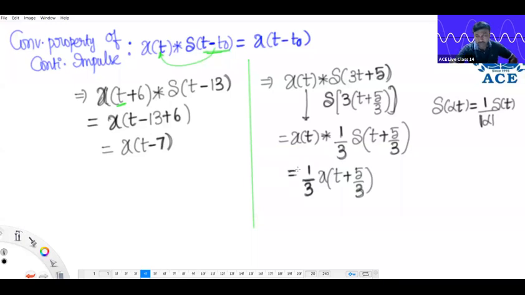So this is the new result. First, we have to apply the scaling property of the impulse function: del of alpha t is 1 by mod alpha times del of t. Later on, it looks like the ordinary convolution property.